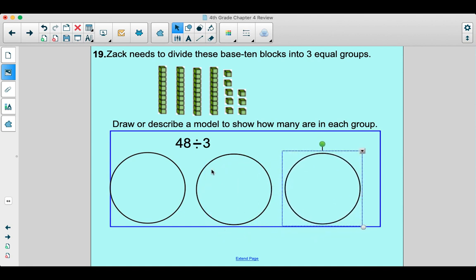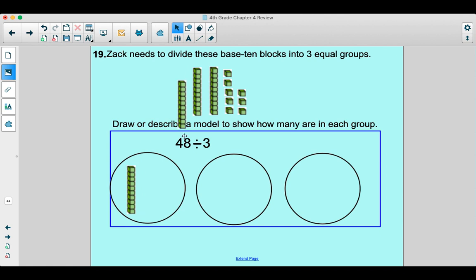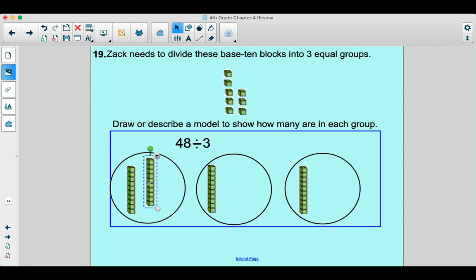All right, so those are my 3 groups. So if I wanted to, I could just show how we would divide the 40. So I'd get 10 into each group. And then I would need to break these down into ones, because I can't put this here, because then the other 2 groups wouldn't get those.